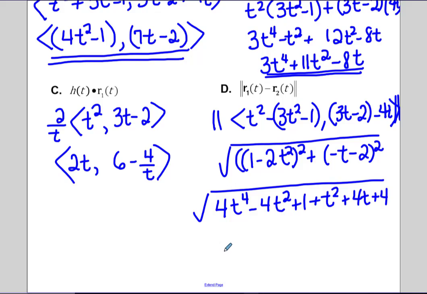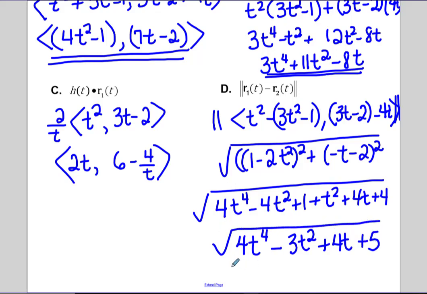And then combining those terms, we've got the square root of 4t to the 4th minus 3t squared plus 4t plus 5. So we have the magnitude or the distance between those.